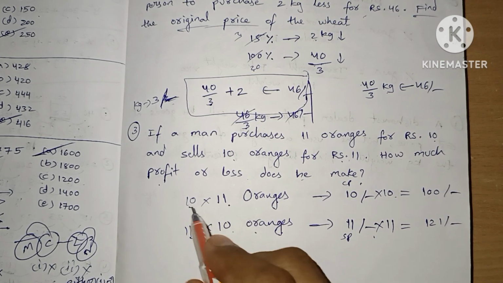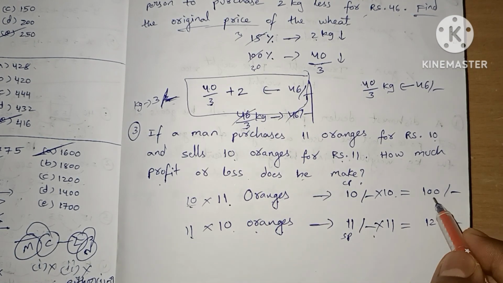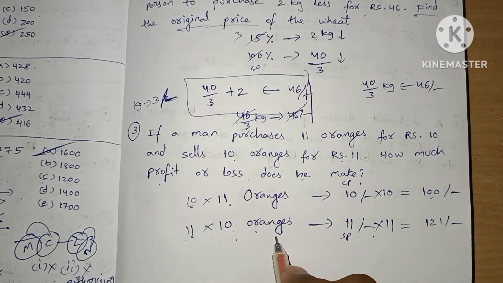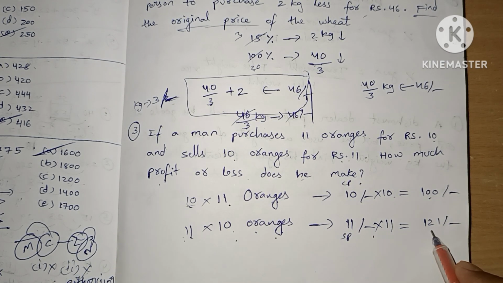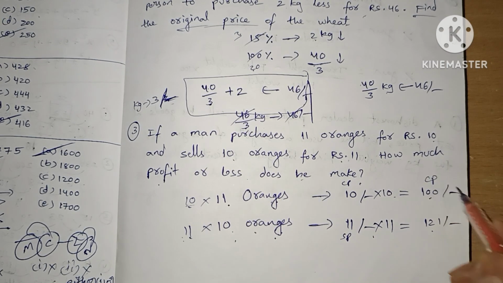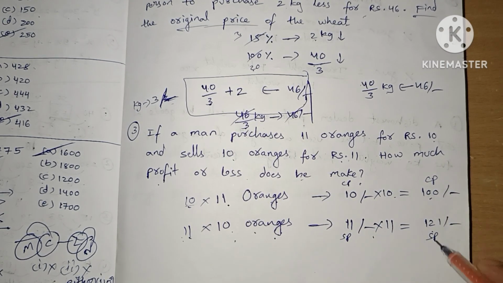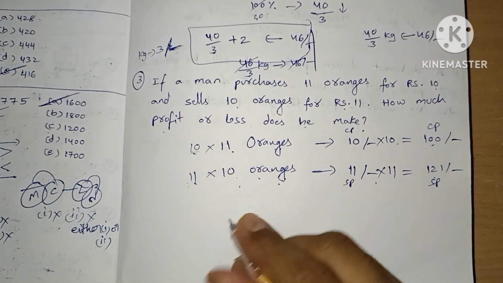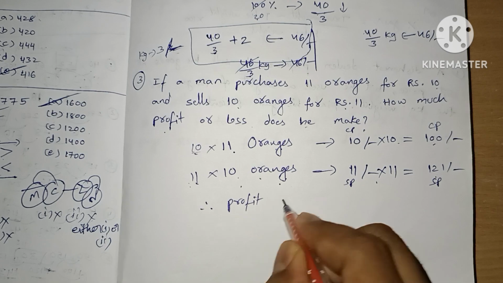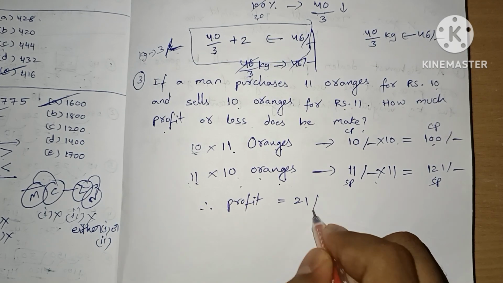Now it is clear that 110 oranges are bought at 100 rupees, and 110 oranges are sold at 121 rupees. This is the cost price and this is the selling price, which means the profit is 21 rupees.